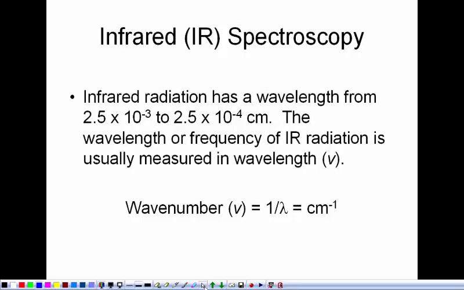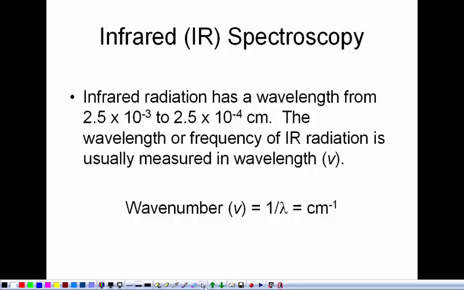The infrared radiation is a part of the spectrum that has a wavelength from 2.5 times 10 to the minus third to 2.5 times 10 to the minus fourth centimeters. Now, what we normally use as our x-axis in our infrared spectrum is not the centimeters, not the wavelength, but we actually use what are called reciprocal centimeters.